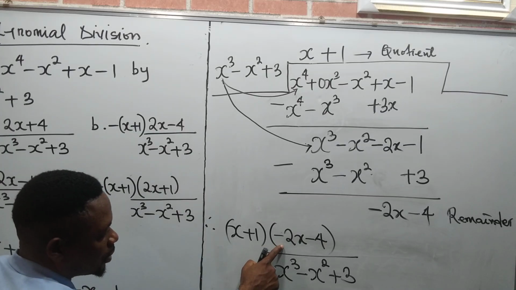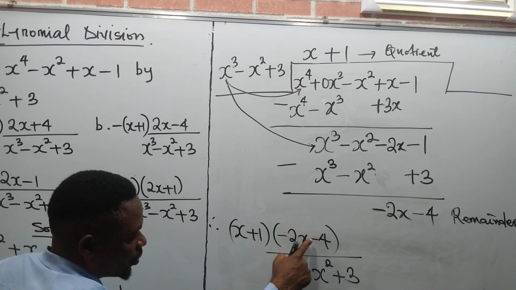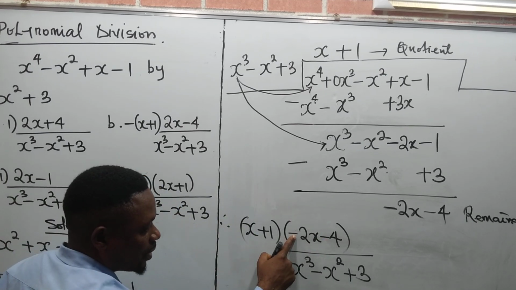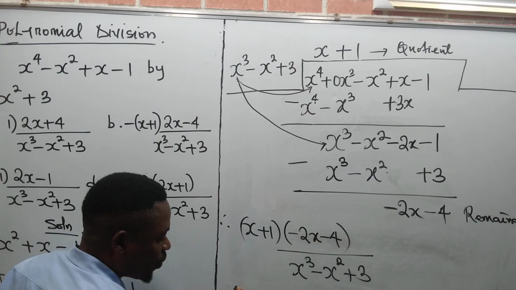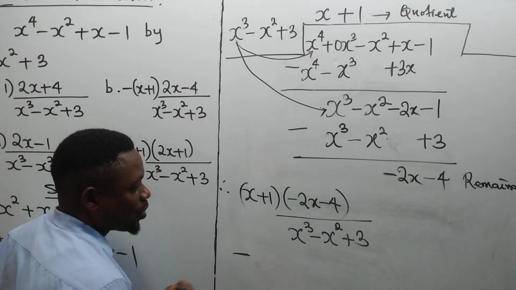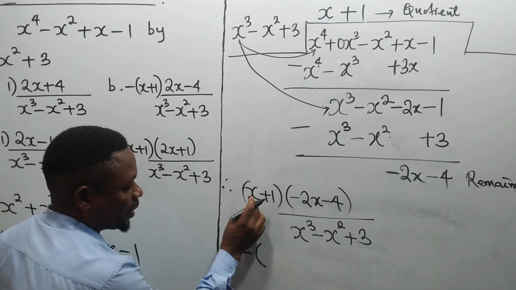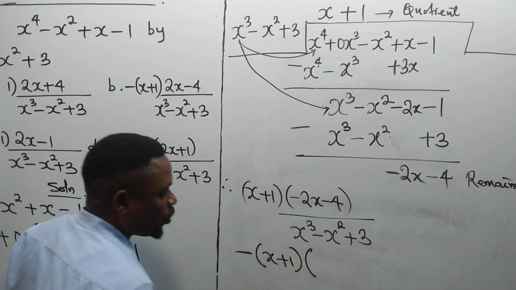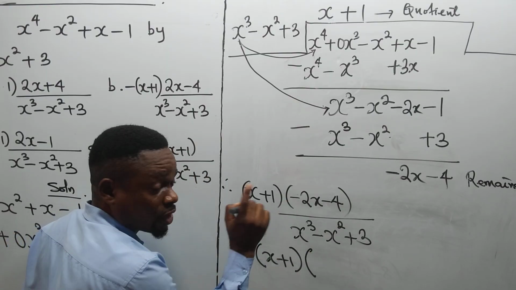If you observe the remainder, you find out that I can factorize something here so that the answer will appear in the option. There is minus. So what do you do? Factor minus. Watch. Open bracket. I'm left with x plus 1. Are you there? Then open bracket. You know that minus already plus, right?